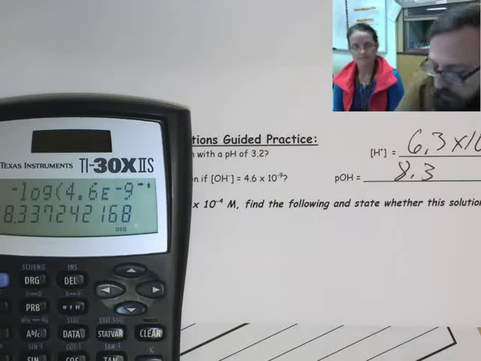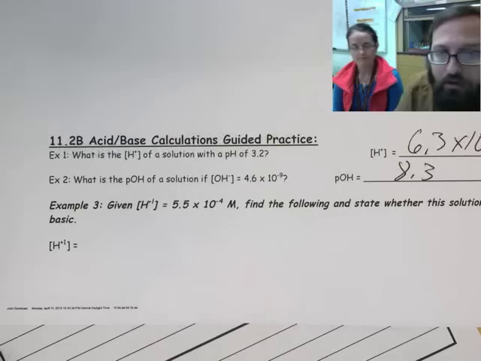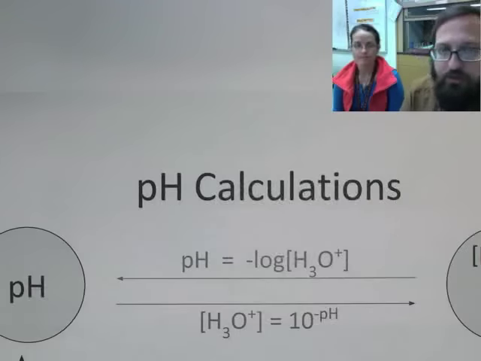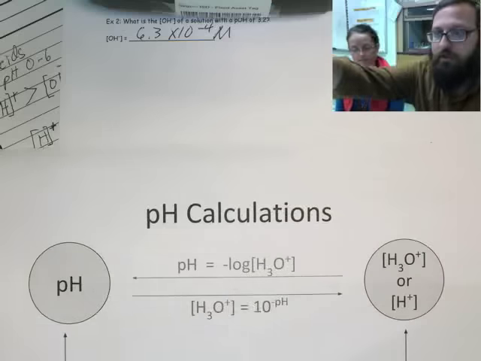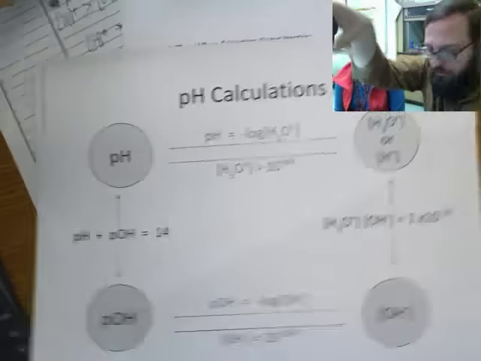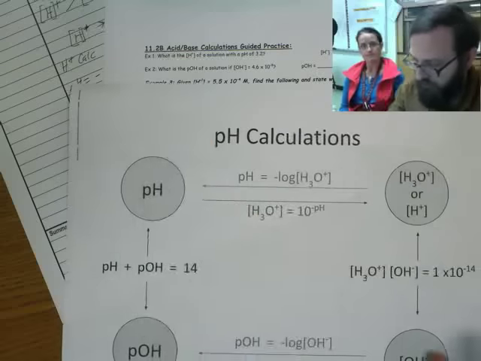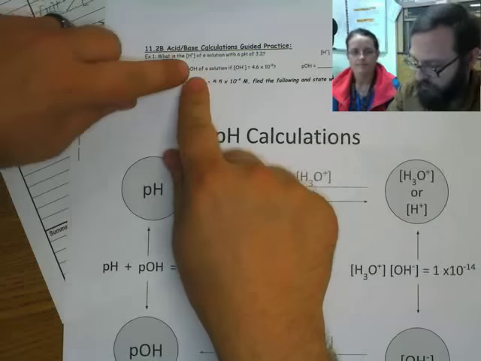Okay. In your packet, or handed out separate to you guys, you're going to have this little cheat sheet to help you figure out which way you are going. So, if you aren't sure which way to go, like on this one, we went from what is the pOH of this.